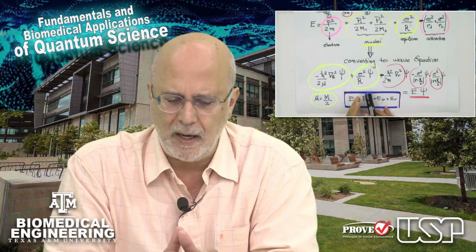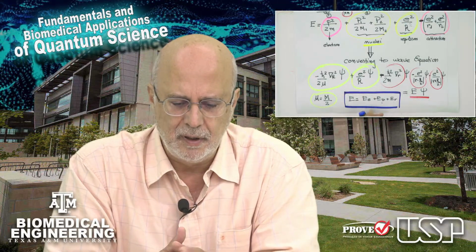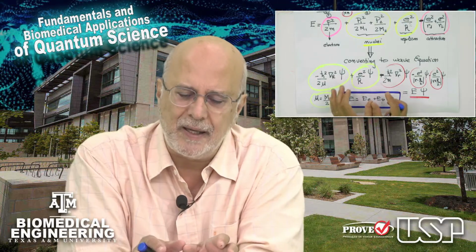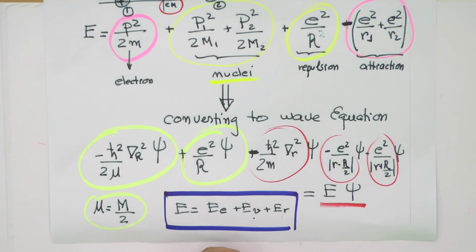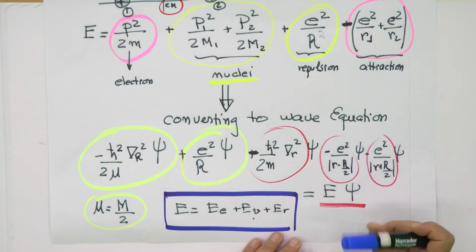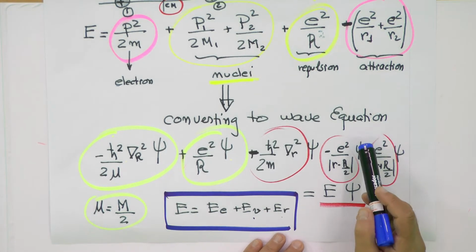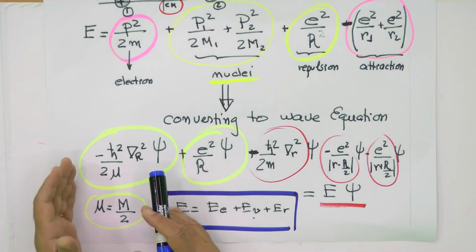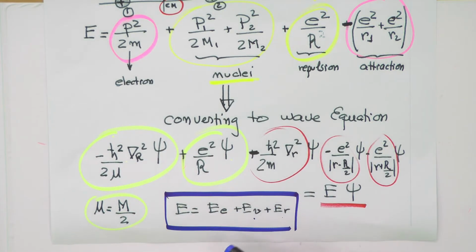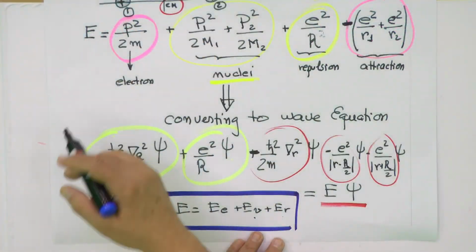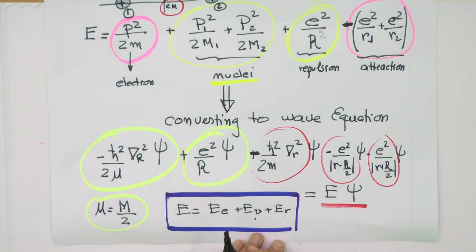But the way I wrote it here indicates, at least, that we can somehow separate these motions, right? We can consider that the nuclear motion affects the electronic energy very little. This is an approximation. And then we can propose a solution for the wave function psi, which represents the wave function of everything here. Everything.